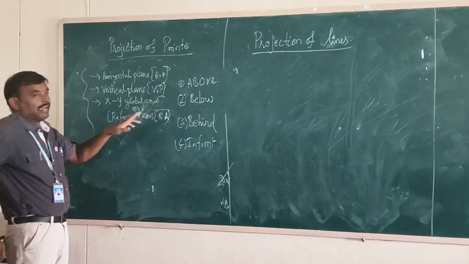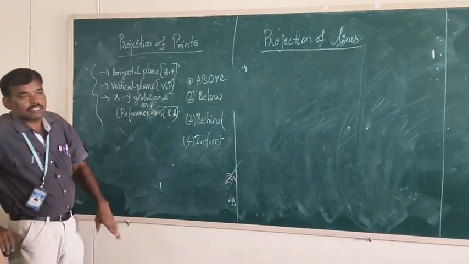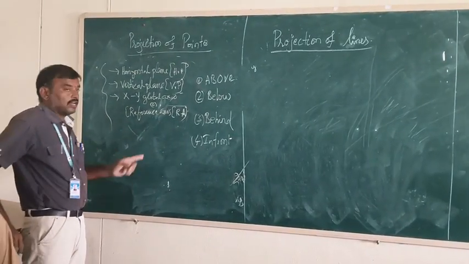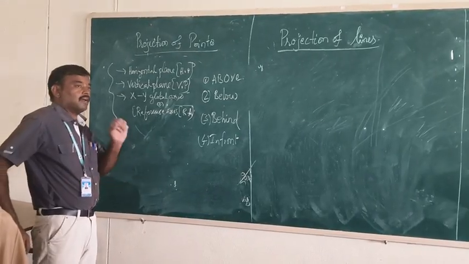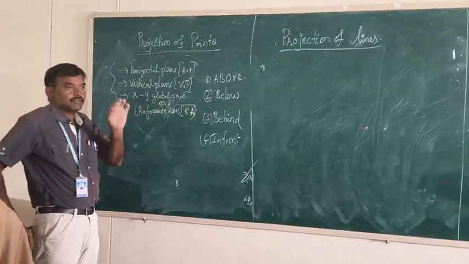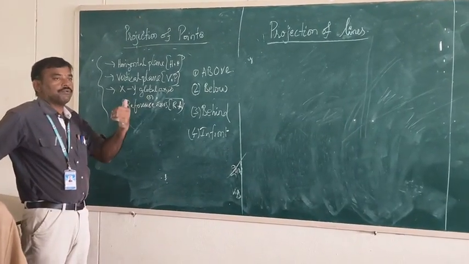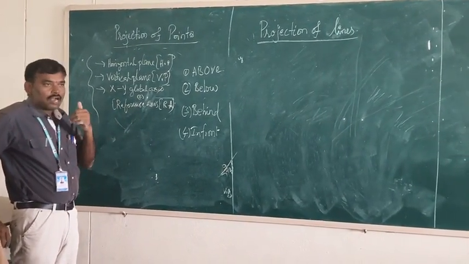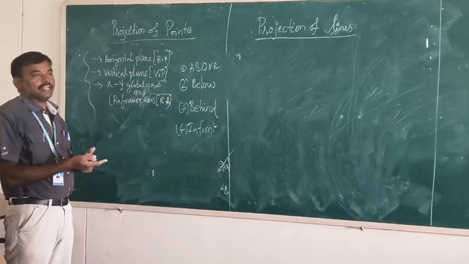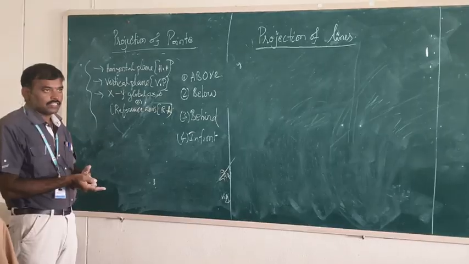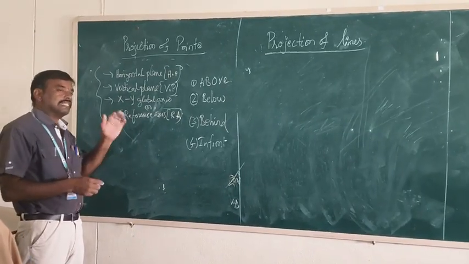So we have to go for other conditions, because in four quadrants an observer is going to be observing the front view, top view, and side view. According to the observer's orientation, we need to change these views.